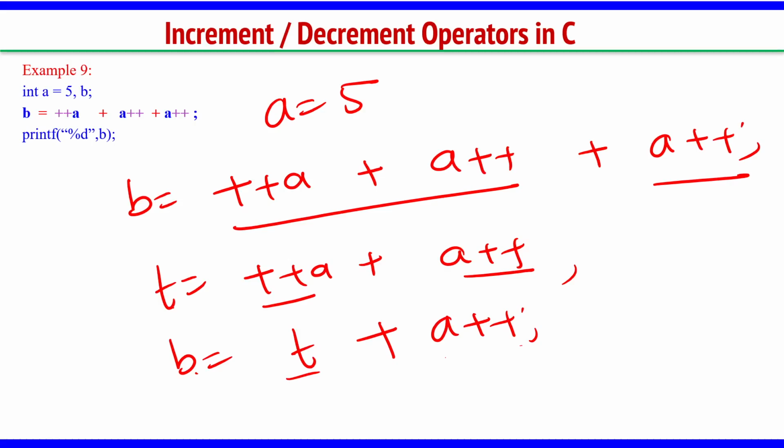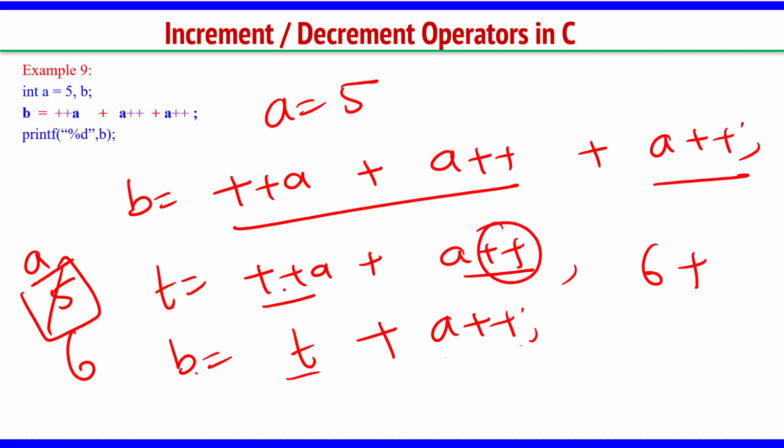So, if you compare now, what is the answer here? a value is 5. This is pre-increment, it becomes 6. So I will take 6 here plus this is post increment. I will do it later. I will take value of a, that is 6 again. So t value became 12, but there is one ++ pending which I have to go and complete here. It becomes 7. Right?